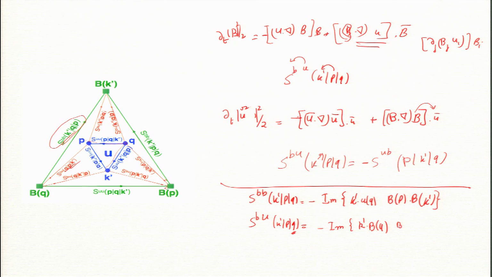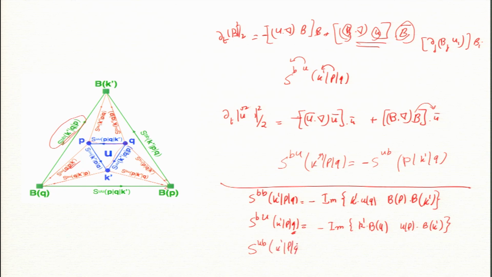B K prime. And who is the giver? U P, so U P is the giver. So, this is intuitive: the mediator vector is to the left of grad, the giver is to the right and the receiver is the other. Okay, straightforward.